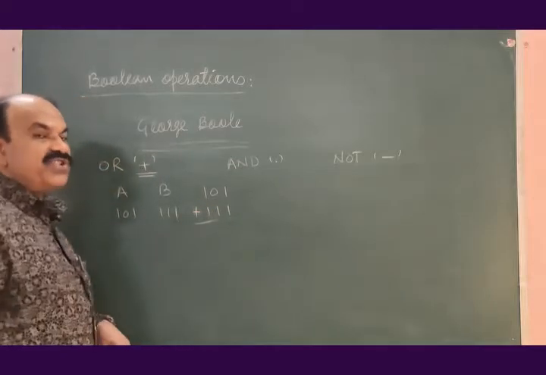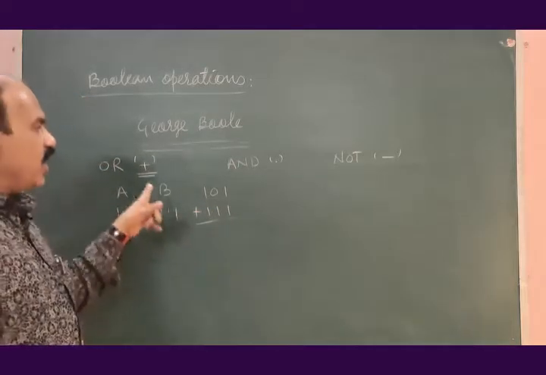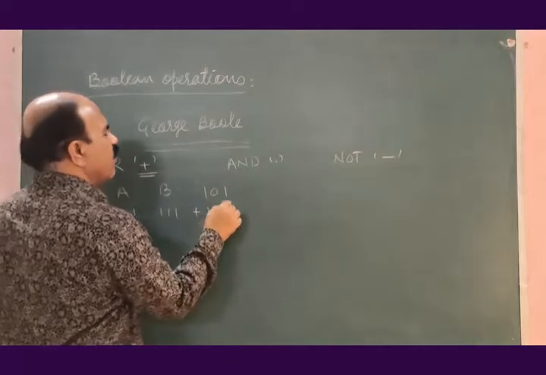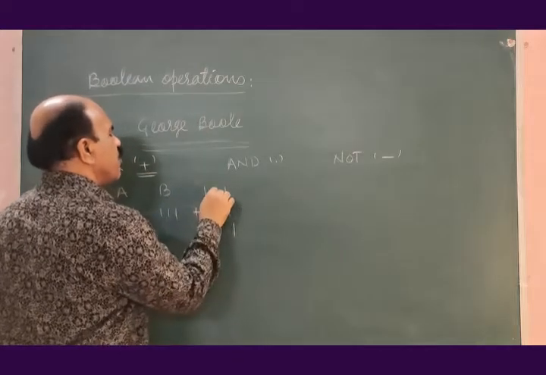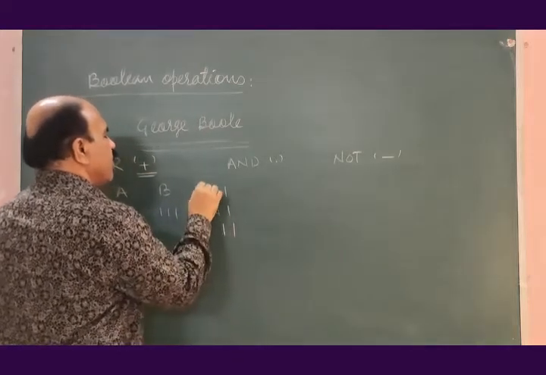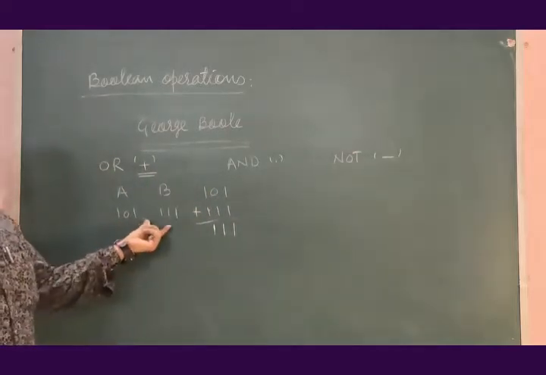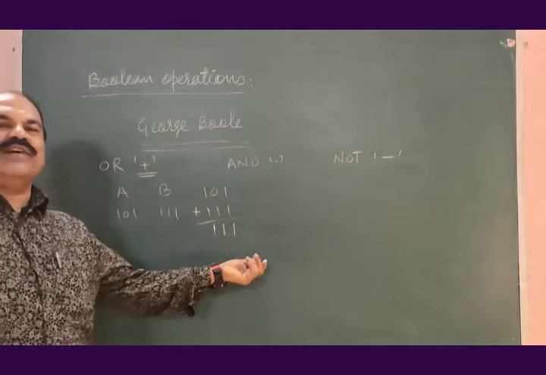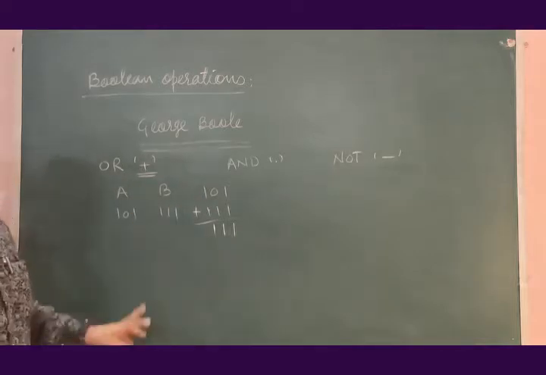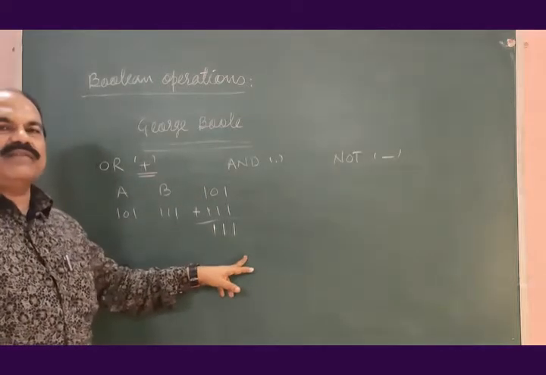Perform the OR operation, not addition, remember. 1 OR 1 is 1, 0 OR 1 is 1, 1 OR 1 is 1. So A OR B here is 1 1 1.